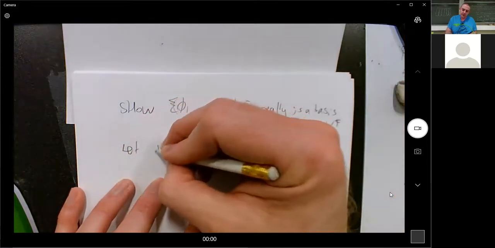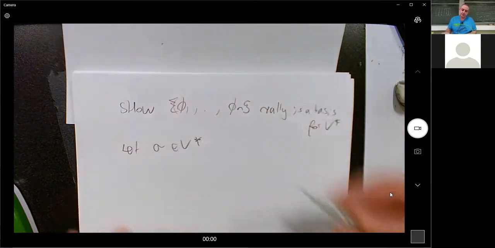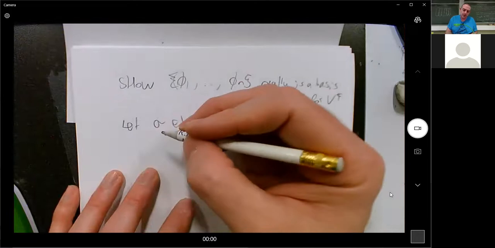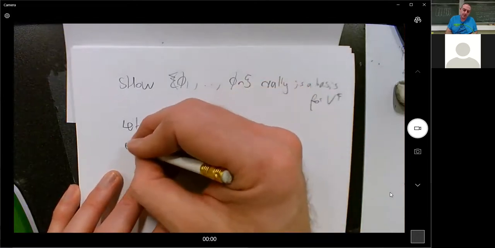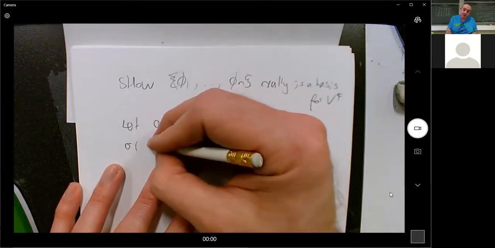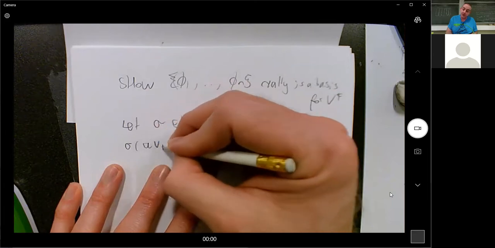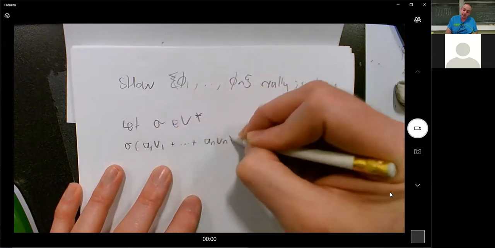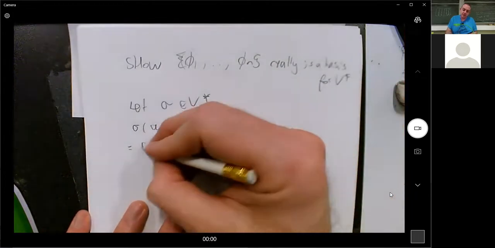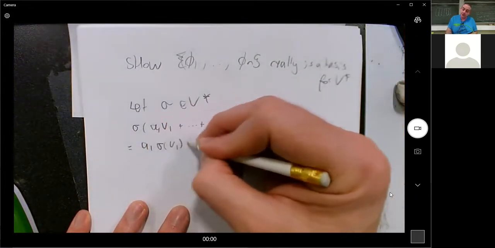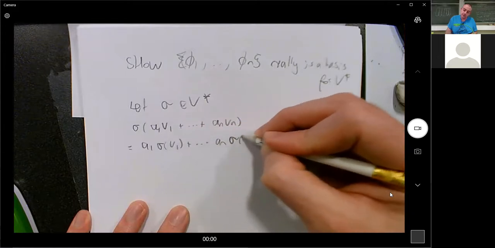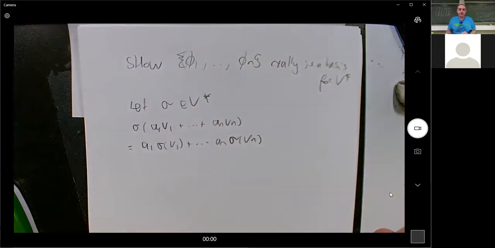And so you'd let sigma be in V star. And then you'd say, all right, well, I know that sigma of any vector, which is a linear combination of v1 up to vn, is guaranteed to be a1 sigma of v1 plus and so on, like that.